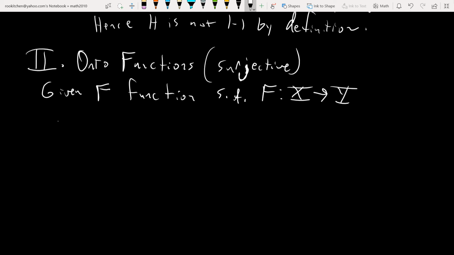we'll have some working definitions for onto. It just means that everything in the codomain is in the range, basically. So there's an element going to every element in the codomain.